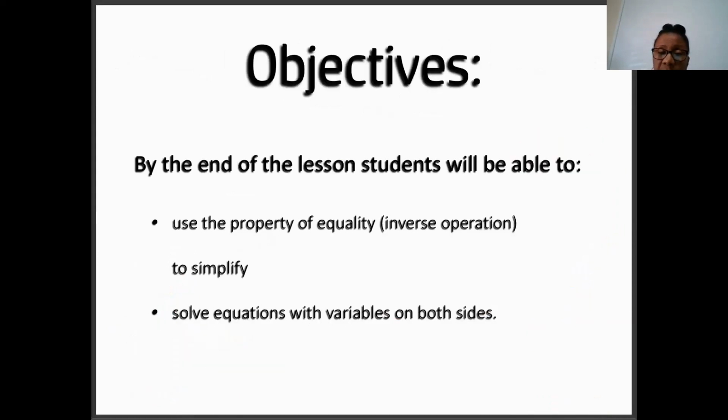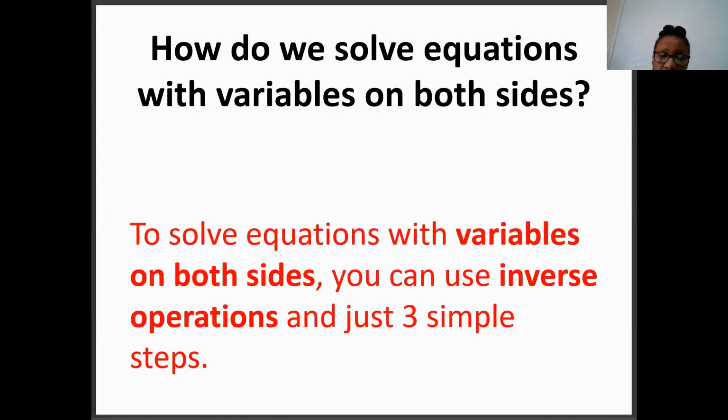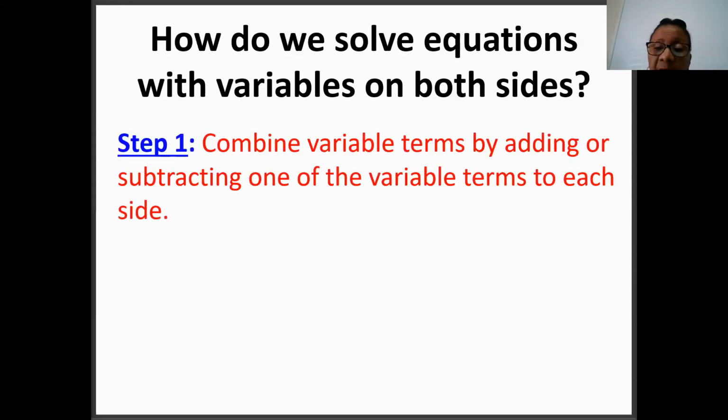Okay, our objectives. How do we solve with variables? To solve equations with variables on both sides, you can use inverse operations and just 3 simple steps. Step 1, everybody had step 1?